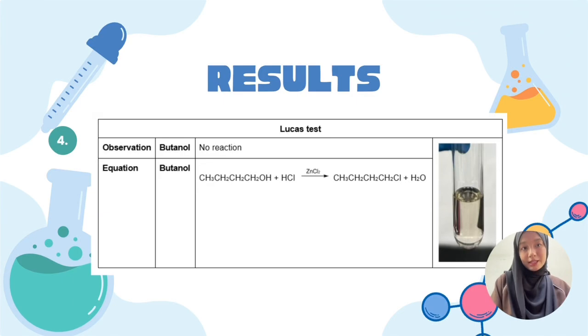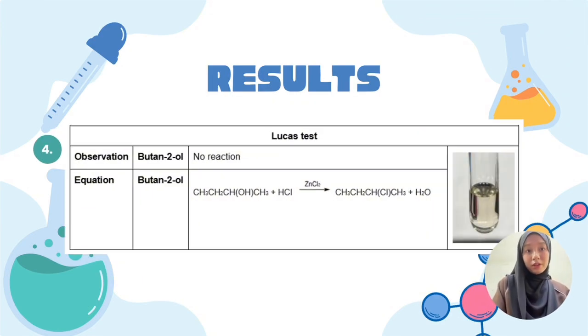Moving to the Lucas test, which helps us distinguish between primary, secondary, and tertiary alcohols based on reaction rate with HCl and zinc chloride. Starting with butanol, a primary alcohol, we observe no reaction. No cloudiness appeared, consistent with primary alcohols reacting very slowly. Testing butan-2-ol, a secondary alcohol, we again saw no immediate reaction.